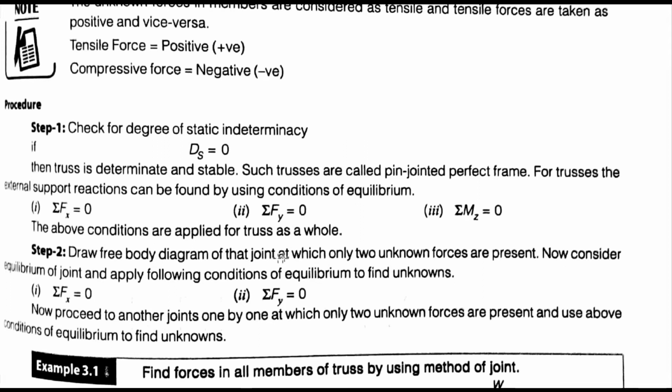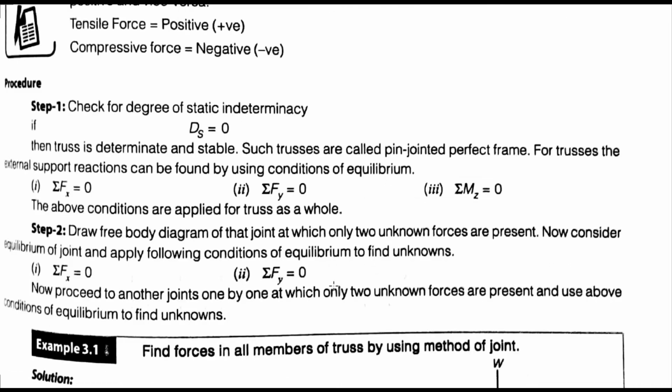Now consider equilibrium of the joint and apply conditions of equilibrium, summation of Fx = 0 and summation of Fy = 0, to find the unknowns. In a similar way, we proceed to other joints one by one at which only two unknown forces are present, and use conditions of equilibrium to find the unknowns.